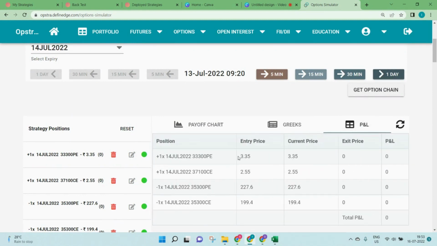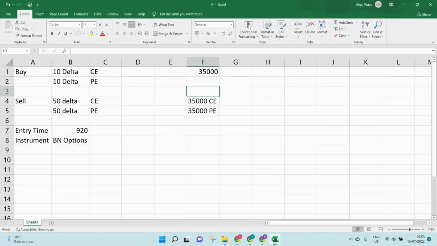When we take the entry, these will be our buy legs and these will be our sell legs. So let me put this into Excel. 35,300 C buy is plus 35, this is buy, this is sell.